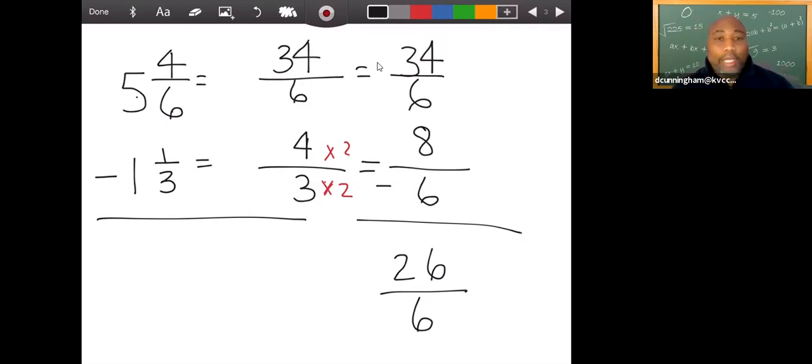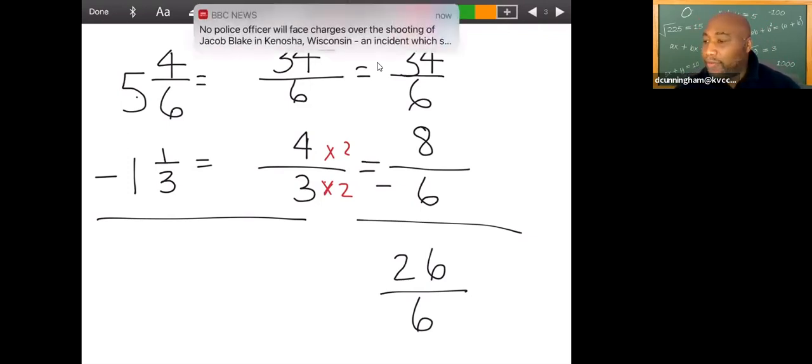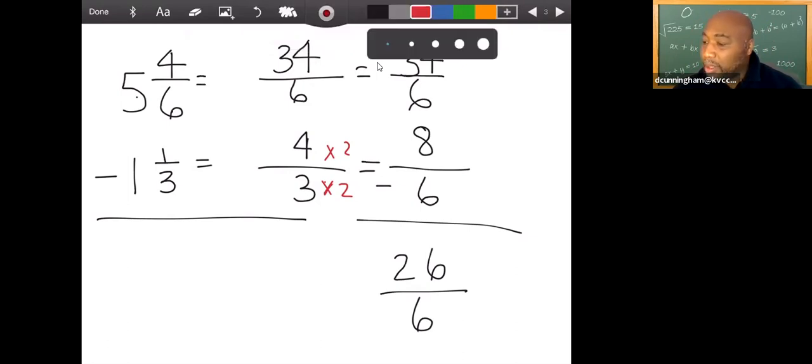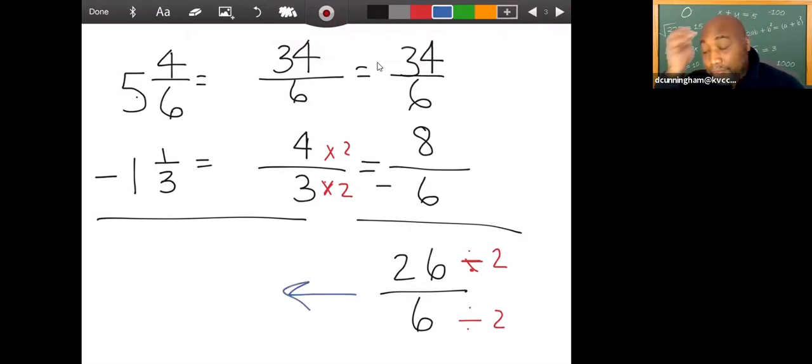Now, again, we don't want to keep it that way. We want to continue to divide because we want to make sure this is reduced. Divide by 2, divide by 2. And I'm going to write my answer in blue over here. 26 divided by 2, in our case, I believe it's 13.